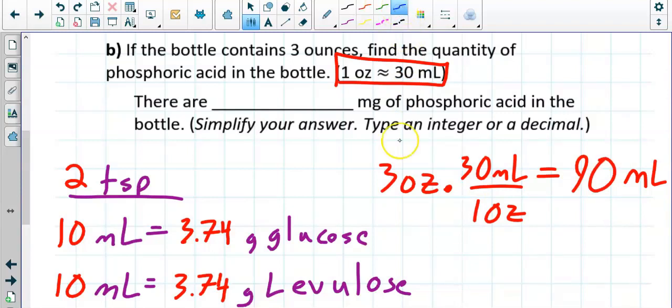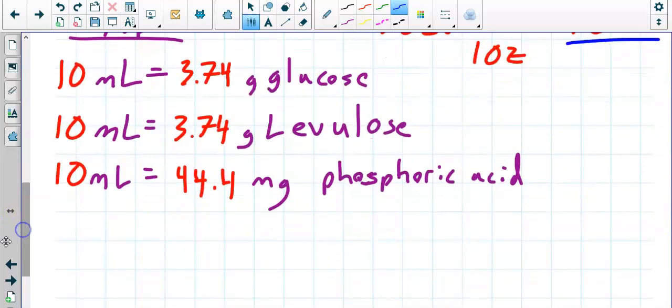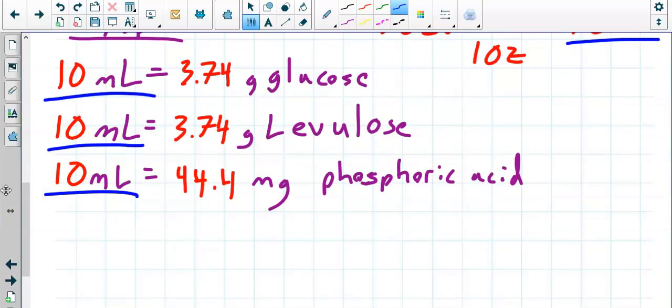Now, here's what's going to go on. We're going to use this fact right here, 90 milliliters, and that's going to tell us what we need to do to these guys. How do I turn 10 milliliters into 90 milliliters? Multiply by 9. And if I multiply this side by 9, the other side gets multiplied by 9.